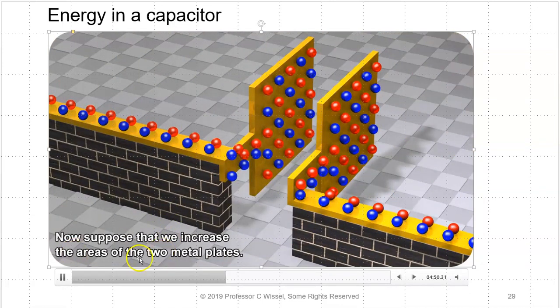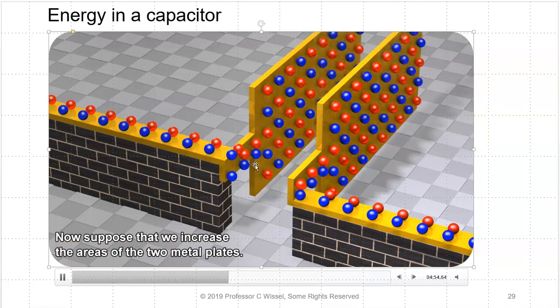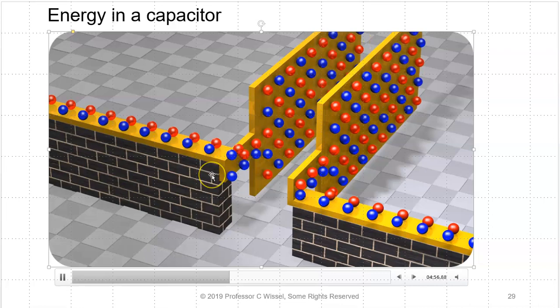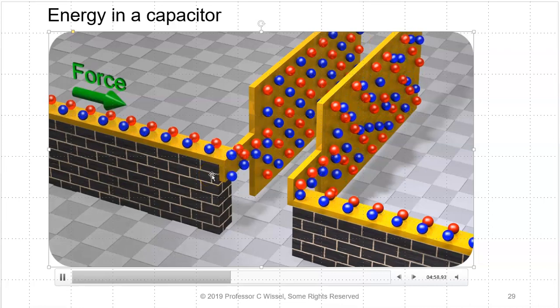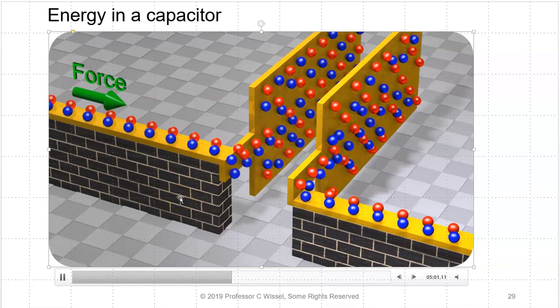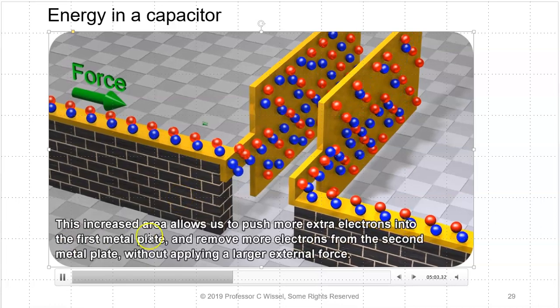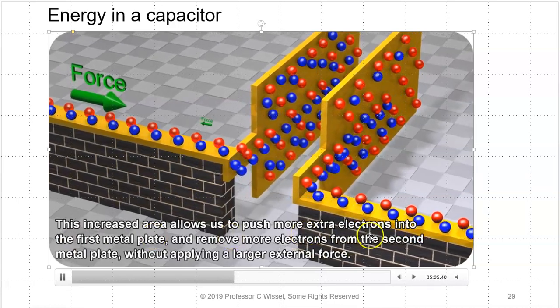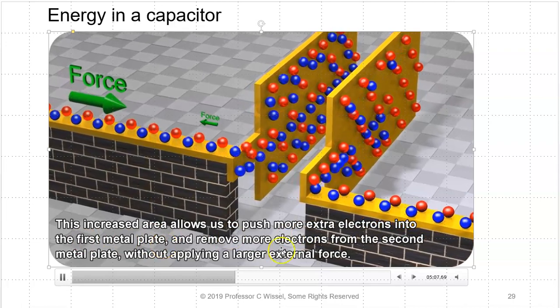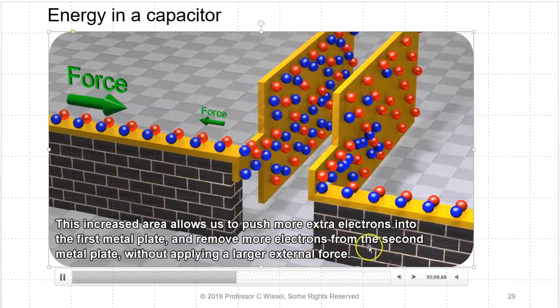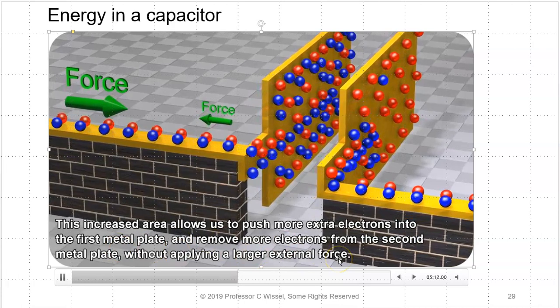Now suppose that we increase the areas of the two metal plates. Make them larger. This increased area allows us to push more extra electrons onto the first metal plate and remove more electrons from the second metal plate without applying a larger external force.